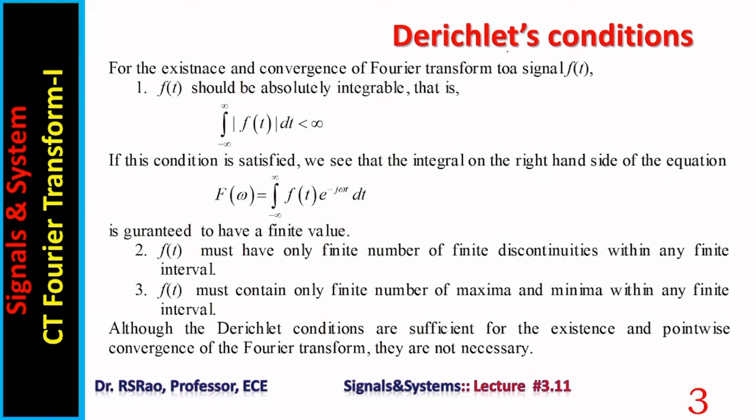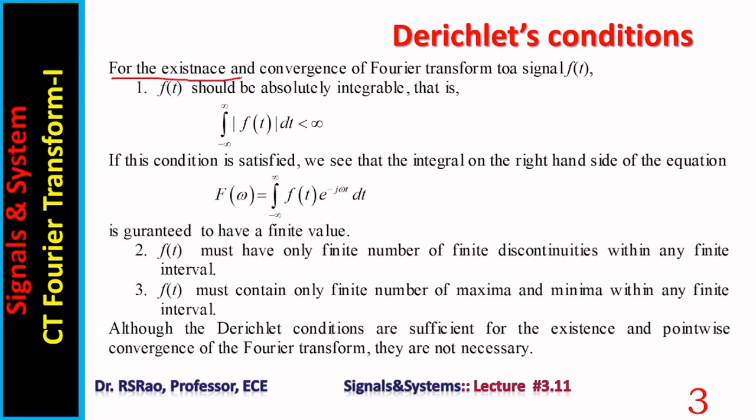But the fact is, not all continuous time non-periodic signals can have CT Fourier transforms. Only certain CT non-periodic signals can have Fourier transform. In fact, only those which satisfy Dirichlet's conditions can have CT Fourier transform. What are these Dirichlet's conditions?